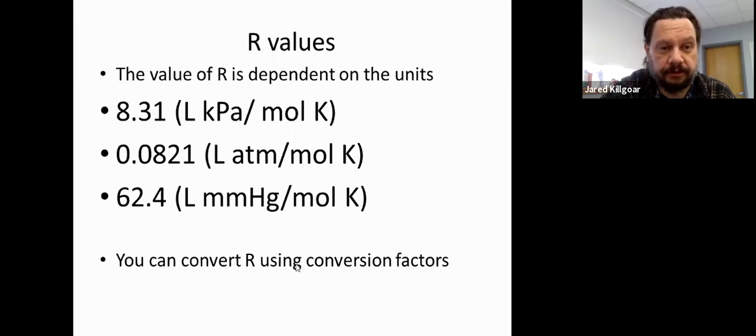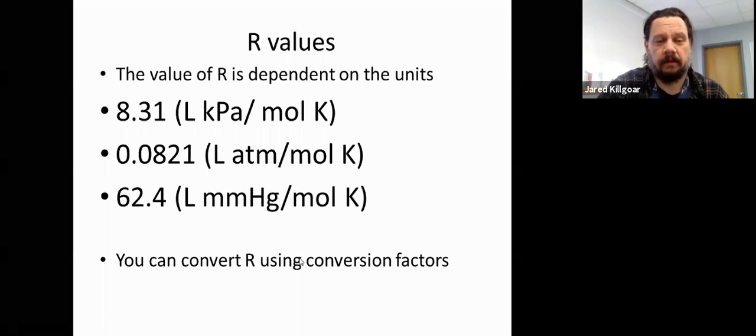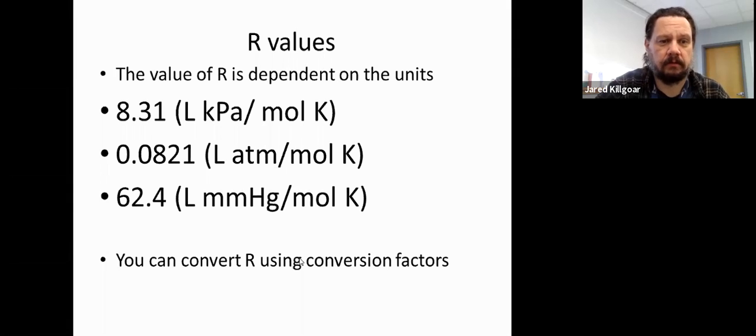These are your R values. I want you guys to write all these down with the units, and this is going to be important. We're going to be getting into this later today. Like I said before, the value for R depends on the units you're referring to.